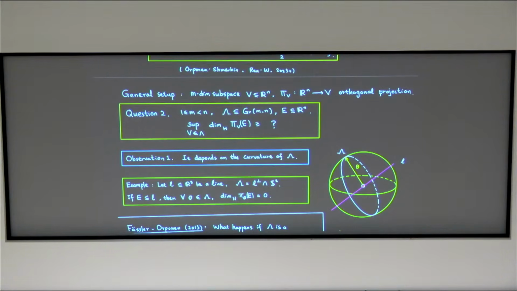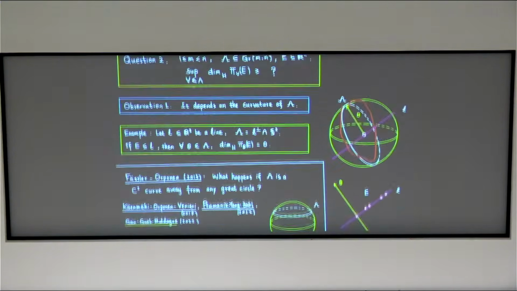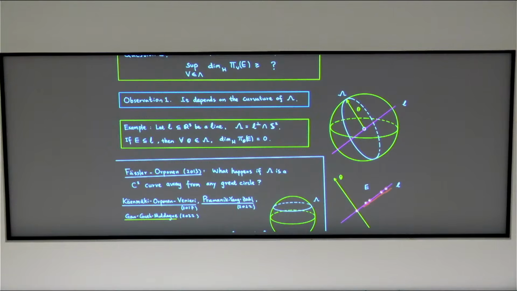So here is an example. Let L be a line in R^3, and we consider lambda to be the set of directions that are orthogonal to L. If E is contained in this line, then for any theta in our collection lambda, pi theta E is just going to be one point because it's orthogonal.